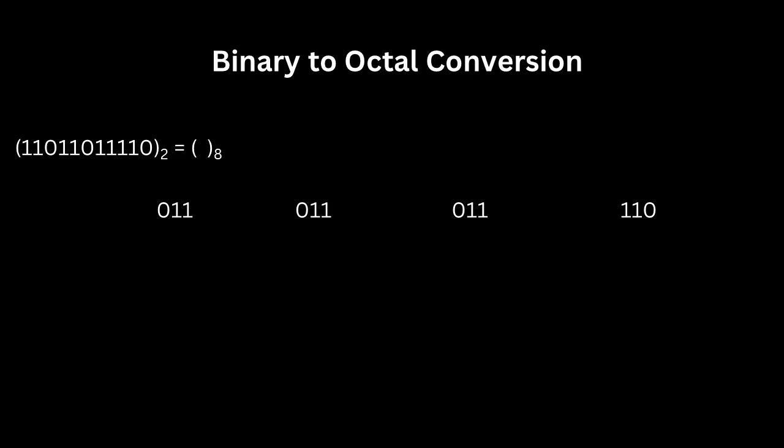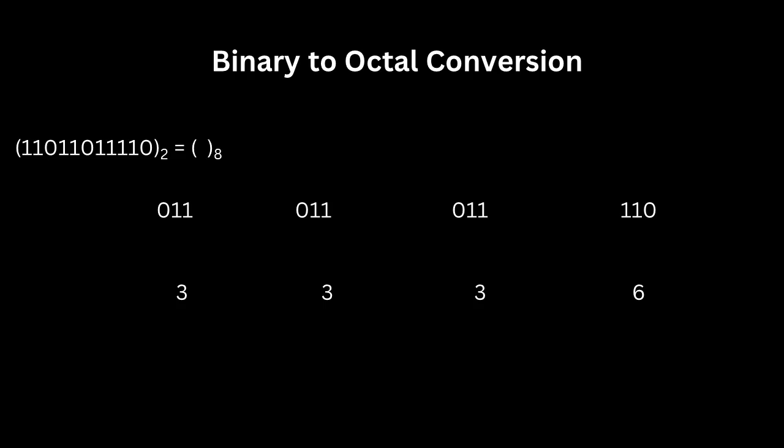Now we convert each 3-bit group into its octal value. 011 is 3. 011 is 3. 011 is 3. 110 is 6.